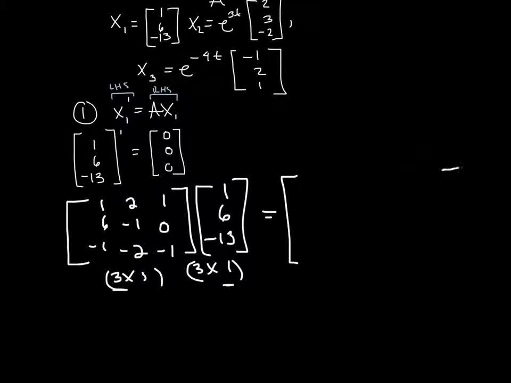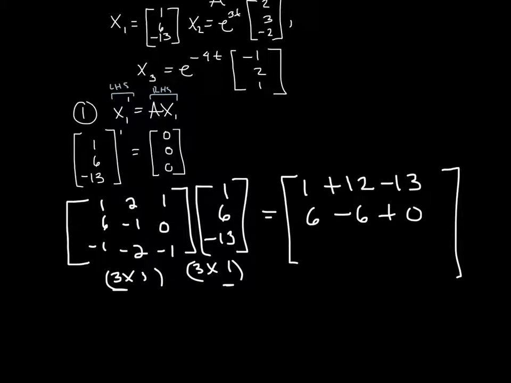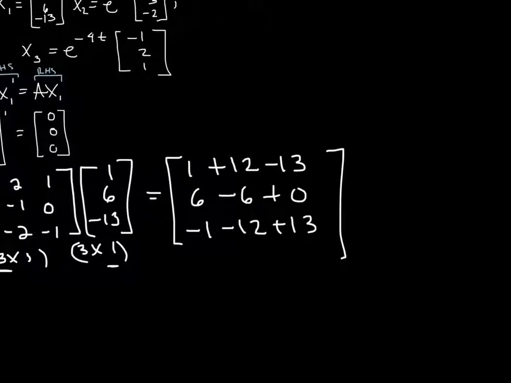So if we multiply this, we have 1 plus 12 minus 13. Next guy, I'm doing this row times this column. So I have 6 minus 6 plus 0. Finally, this row times the only column we have: minus 1 minus 12 plus 13.